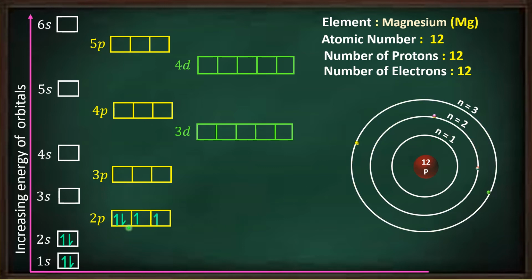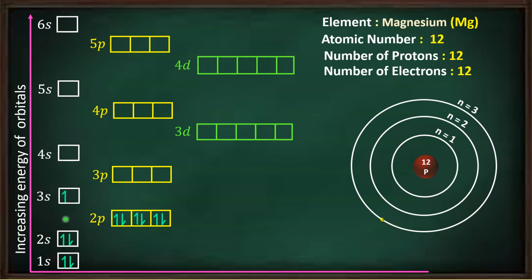The eighth electron pairs up with the first electron. Next, the ninth electron pairs up with this electron. And the 10th electron pairs up with this electron. So 2p orbital is completely filled. Next, 2 electrons are left to fill, and once 2p orbital is completely filled, electrons enter into 3s.